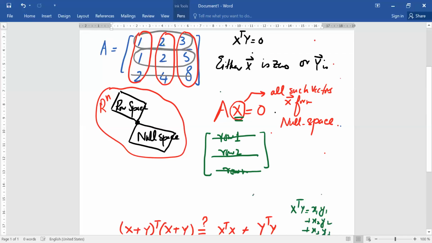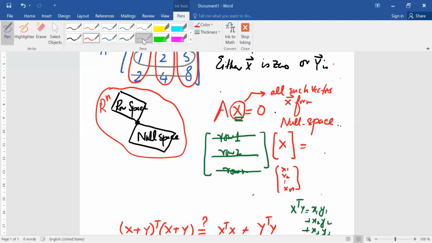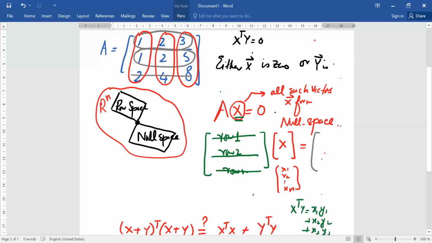We are multiplying it with X, and X has N components, so we can think of X as X1, X2, up till Xn. This is equal to M zeros: 0, 0, 0, dot, dot, dot, 0.